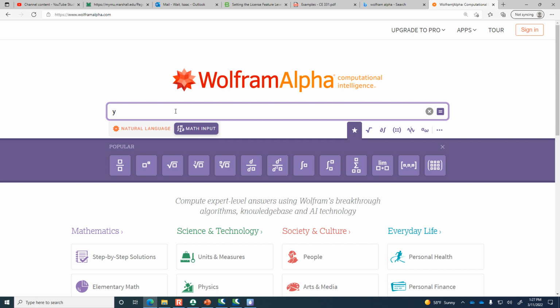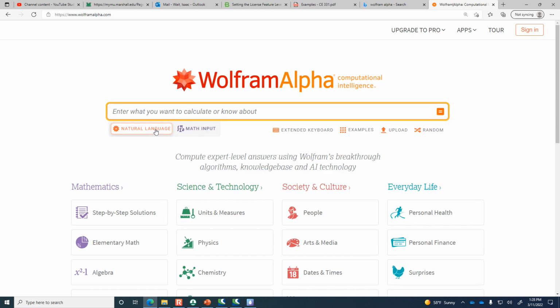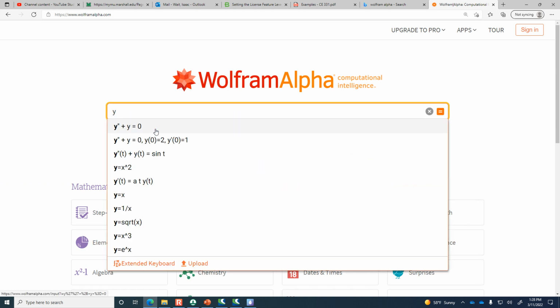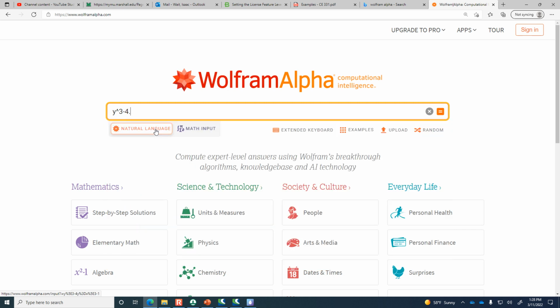Y cubed minus 4.7178 Y squared plus 0.21836 is equal to 0.